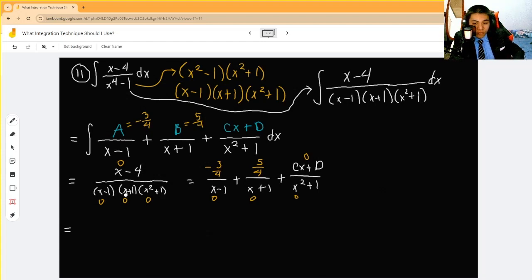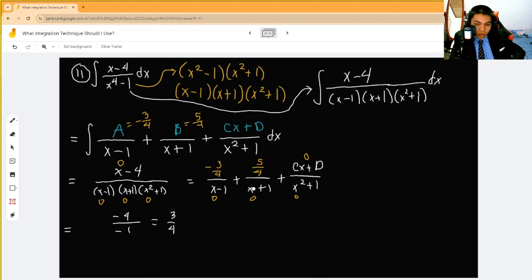So negative 1 times positive 1 is negative 1, and again negative 1. So we have negative 4 over negative 1, which is equal to negative 3/4 divided by negative 1, which is positive 3/4.